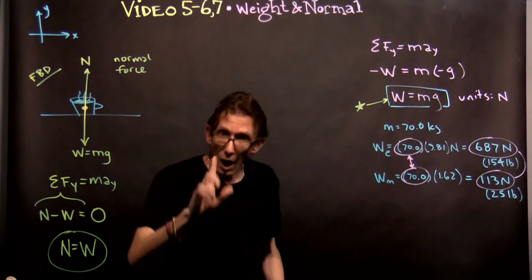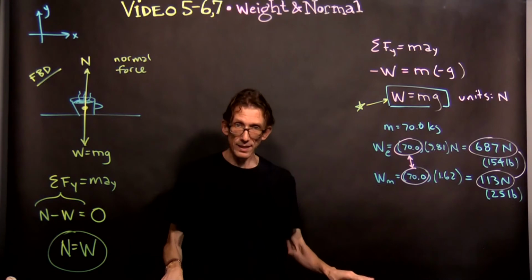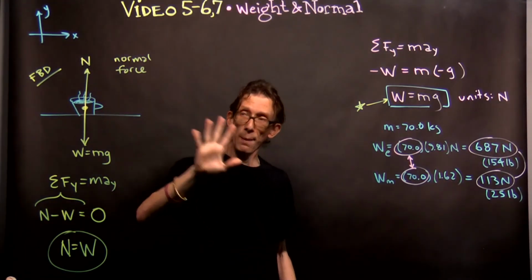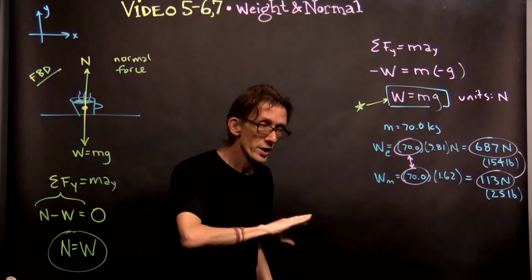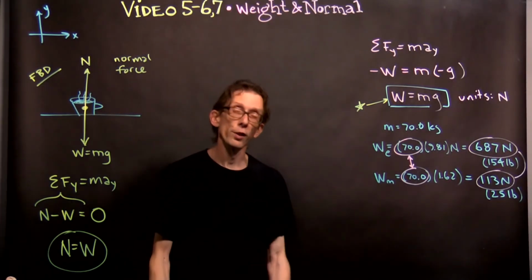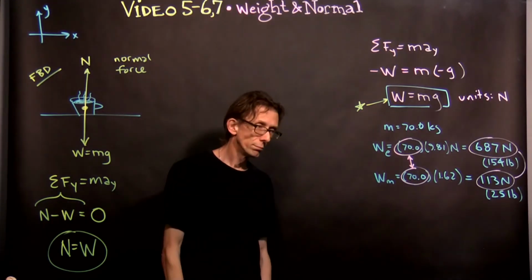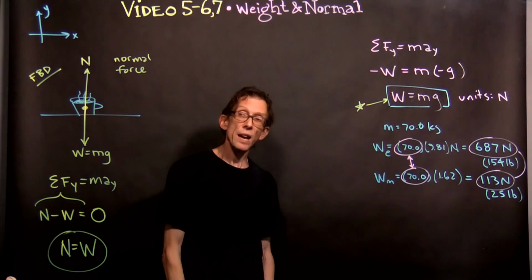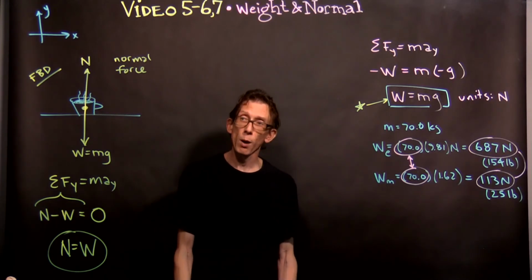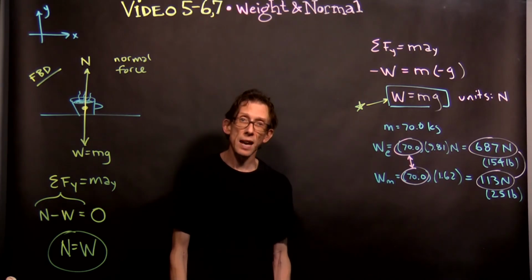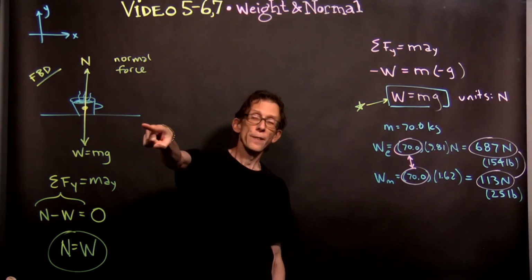This is not, please listen to me, the normal force and the weight, that pair does not constitute a Newton's third law pair. Why? It does not constitute a Newton's third law pair because both the normal force and the weight act on the same body, the coffee cup.